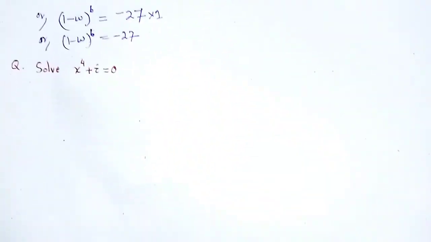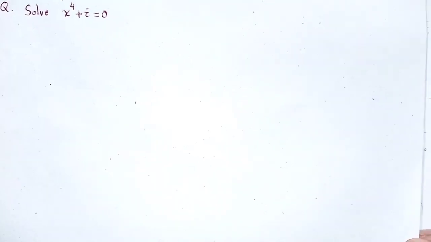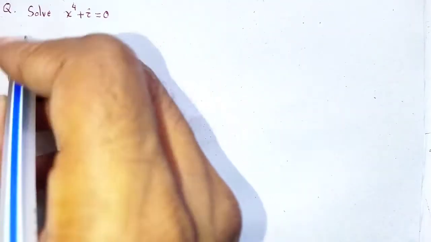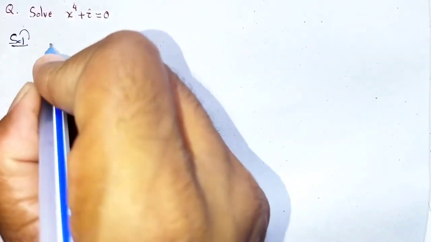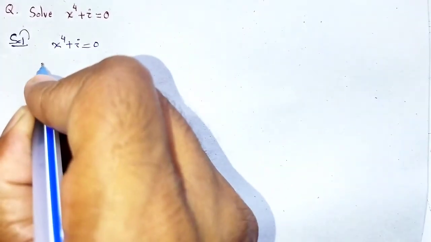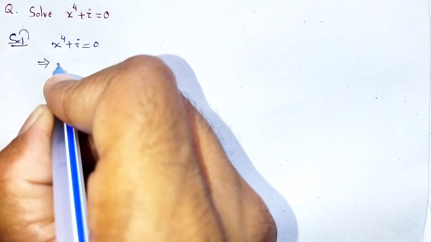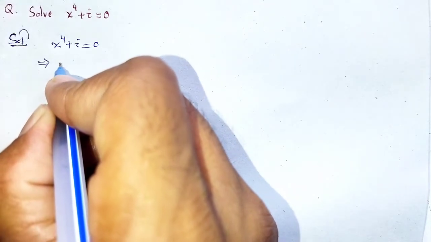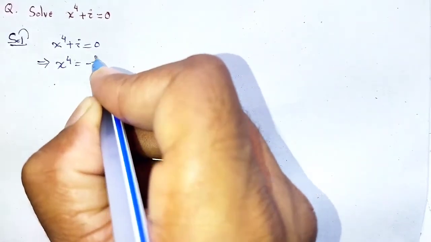Next, question number 2, solve x to the power 4 plus i is equal to 0. The solution: x to the power 4 plus i is equal to 0, which implies x to the power 4 is equal to minus i.